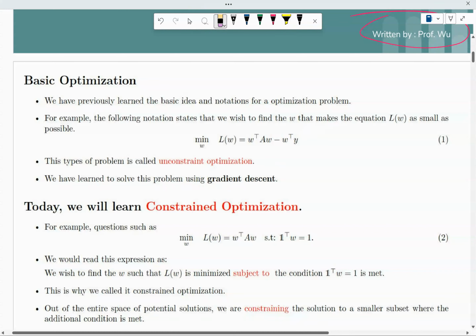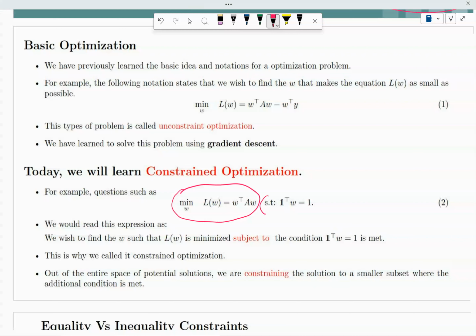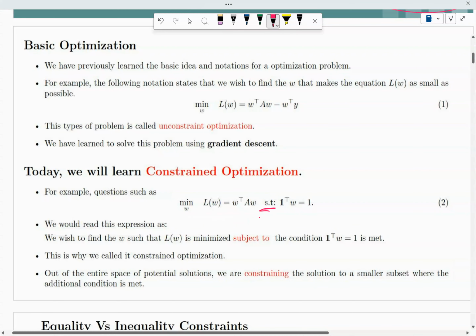Today, we're going to make this problem a little more complicated, which is called constraint optimization. An example would be that you're trying to minimize this, subject to some kind of constraint, that W times a one vector equals one.